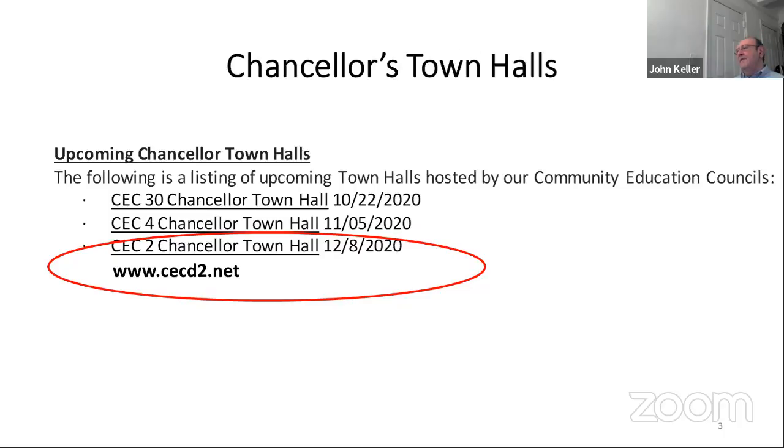If you want to attend an earlier one, you could go to the District 4 town hall, which is November 5th. District 4 is in Harlem, and there's one tomorrow at District 30 in Queens with the chancellor. But the one that would be most relevant to people on this call and in our district would be with the Community Education Council for District 2, which is why I've circled it. And I've also provided a link to the CECD2 website where you can get more information on that.